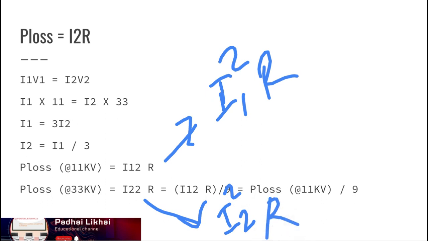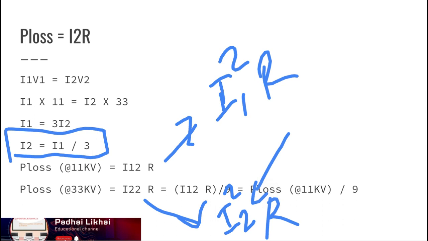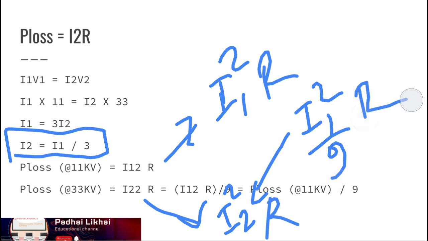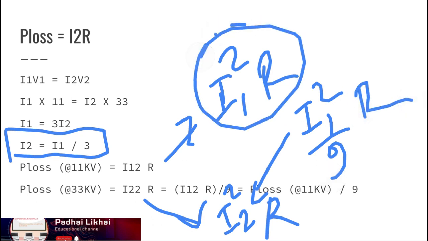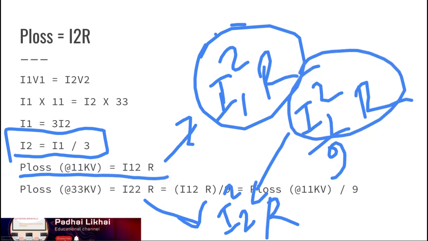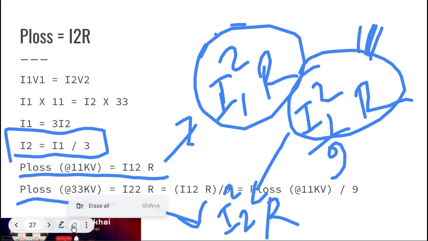As I2 is equal to I1 by 3, simply replace I2 by I1 by 3, so we get I1 square by 9 into R. This I1 square R is P loss at 11 kV. So P loss at 33 kV is equal to P loss at 11 kV divided by 9.